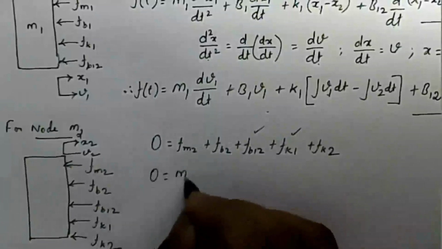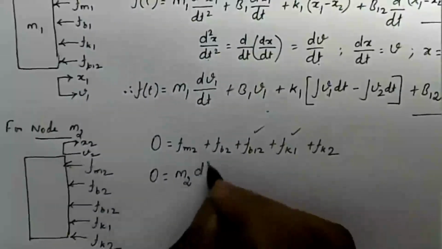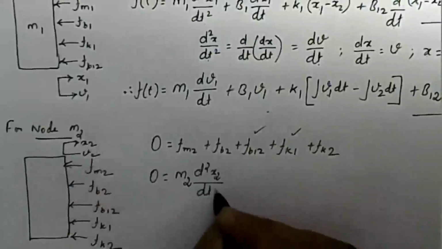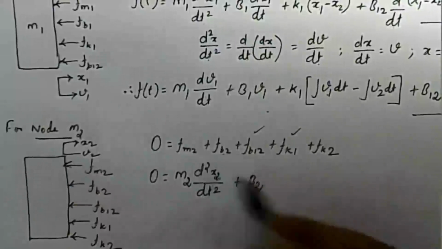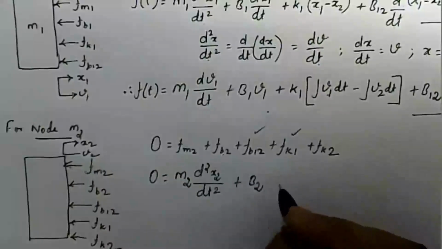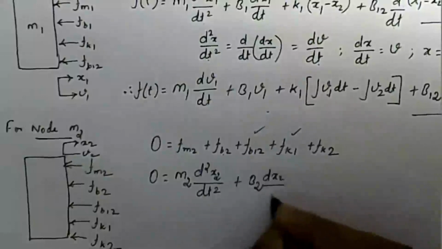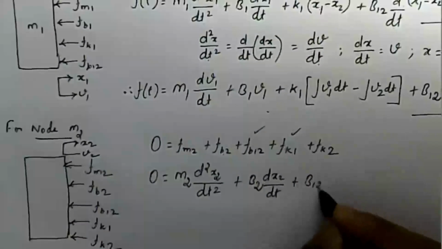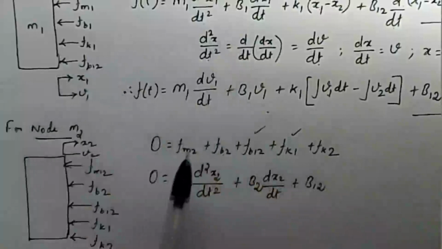M2 into, say, mass element, so acceleration d square x2 divided by dt square, plus b2 into damper element, that is opposing force directly proportional to velocity dx2 divided by dt, plus b12, the common element between node M2 and M1.